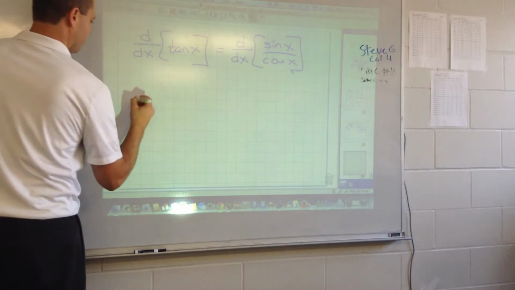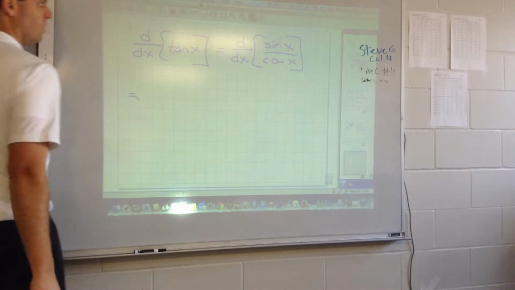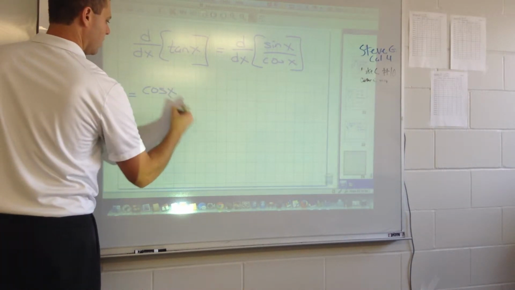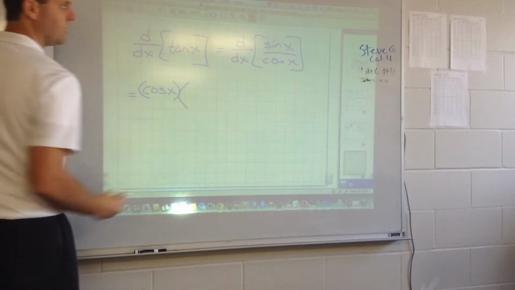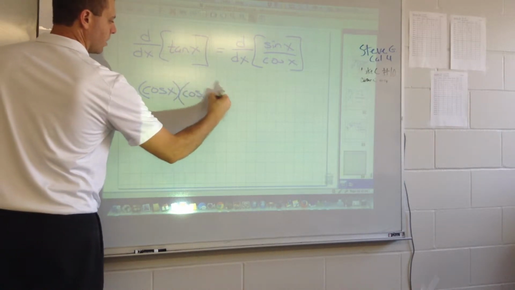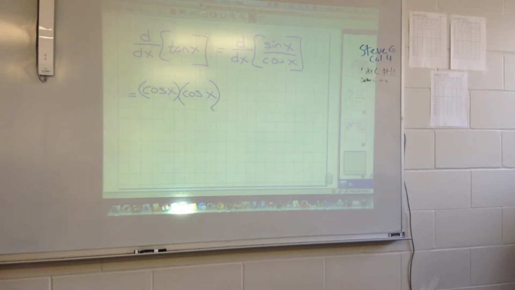So, your derivative would be low D high, which would be what? Sine x. D high means the derivative of the one that's on the top. The derivative of sine x would be cosine x.